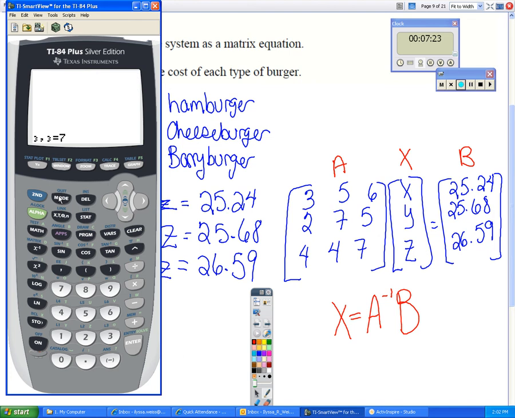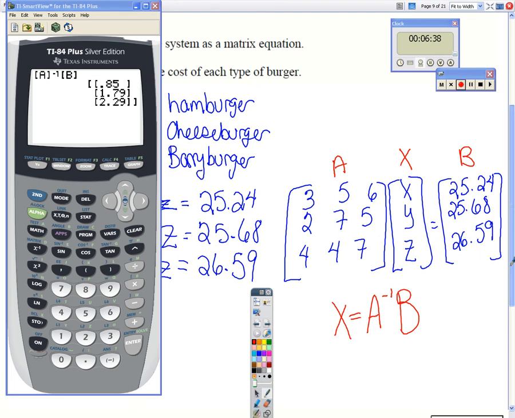Okay, so I'm going to quit out, go back into the matrix menu, and edit matrix B. Oops, it's a 3 by 1. Okay, so to multiply the matrices together, I need to hit the right buttons first. Matrix A inverse times matrix B.